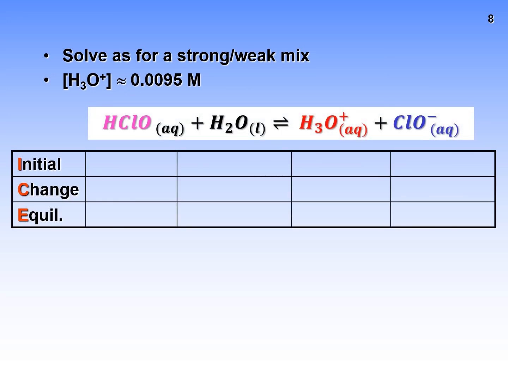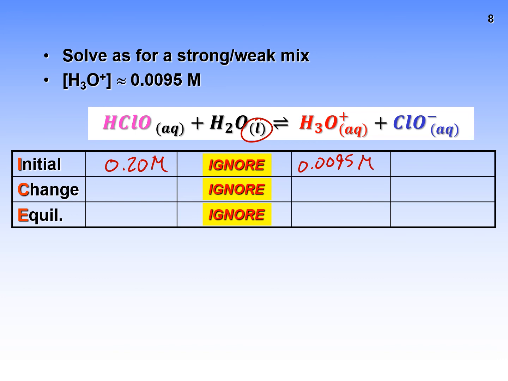We know that our initial concentration of HClO was 0.2 molar from the problem we were given. Again, we don't care about water, still a pure liquid. Our initial concentration of H3O plus is what we determined from the previous ICE table, right? So that's going to be this guy here. And we have 0 initially of hypochlorite.